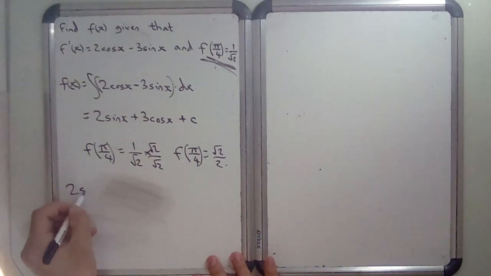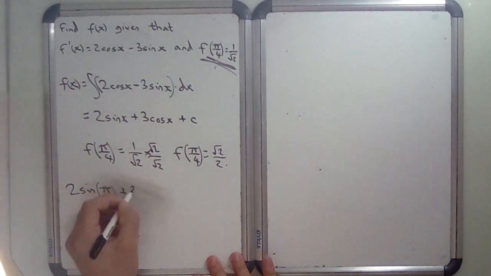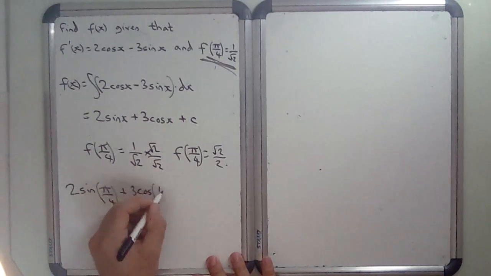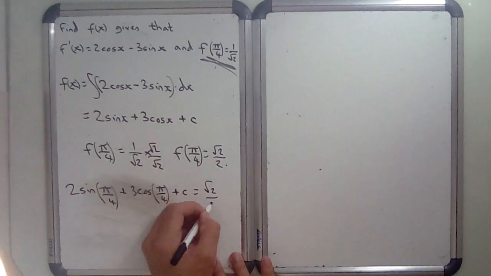So we know that 2 sine pi by 4 plus 3 cos pi by 4 plus c equals root 2 over 2.